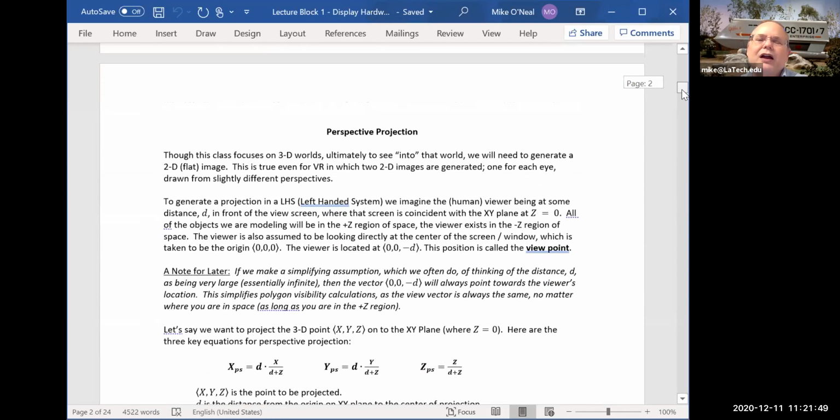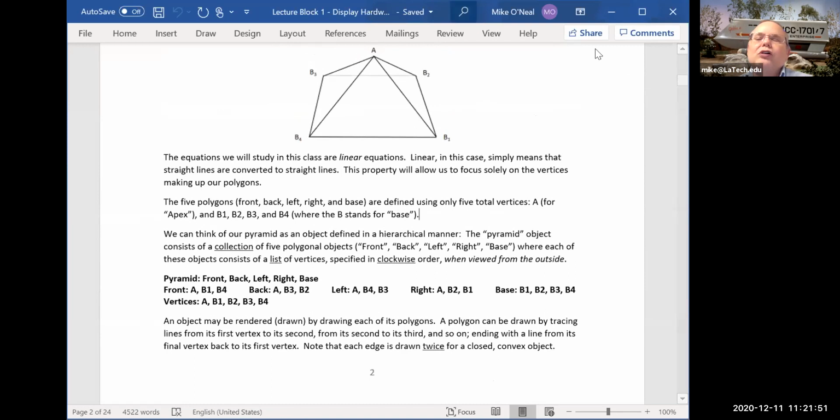Okay, in the real world, if you've got 2 eyes, you can look at 3-dimensional objects, but all of our display technologies are actually 2-dimensional. So we have to have some way of getting a 3-dimensional pyramid onto a 2-dimensional display.